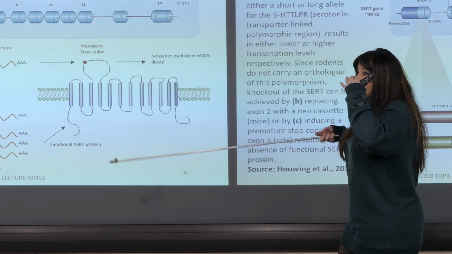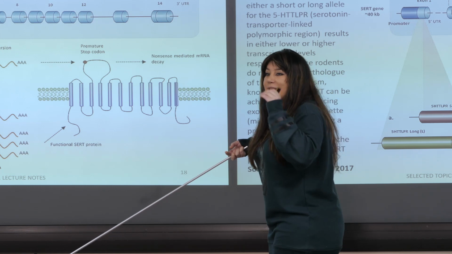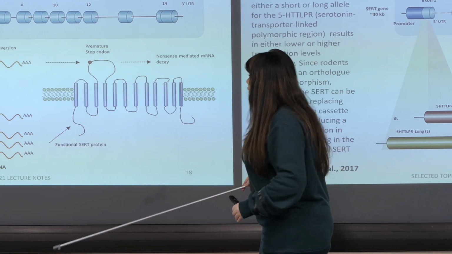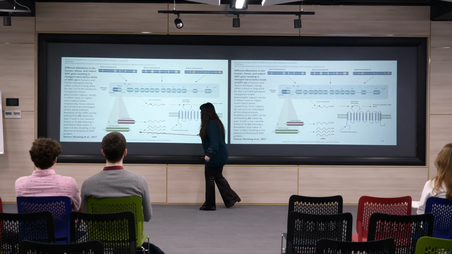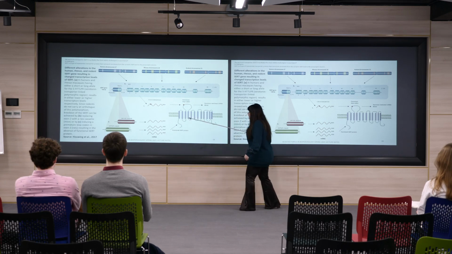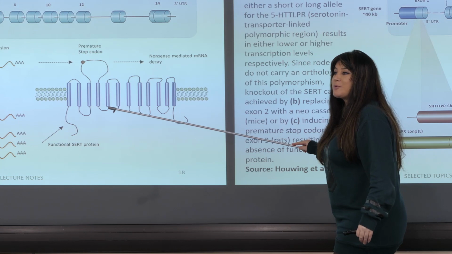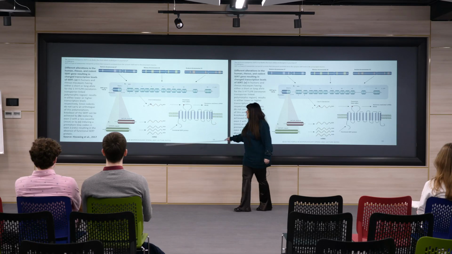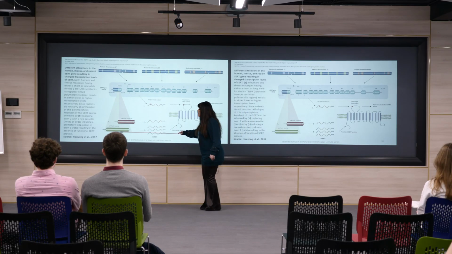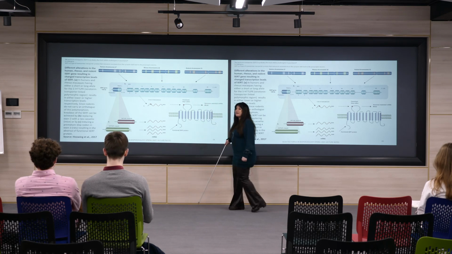So you will have less serotonin transporter protein in your synapses. If you have the long version, you will have more serotonin transporter protein in your synapses. So basically this variation is associated with the amount of serotonin transporter protein.